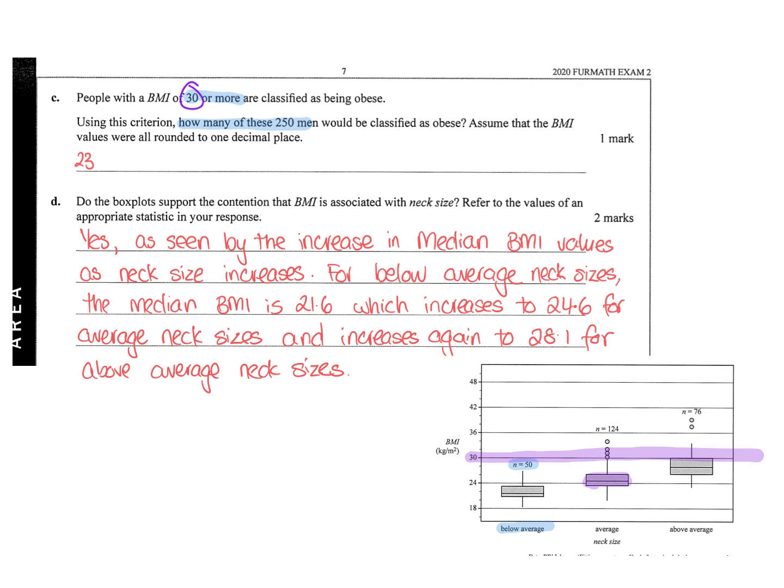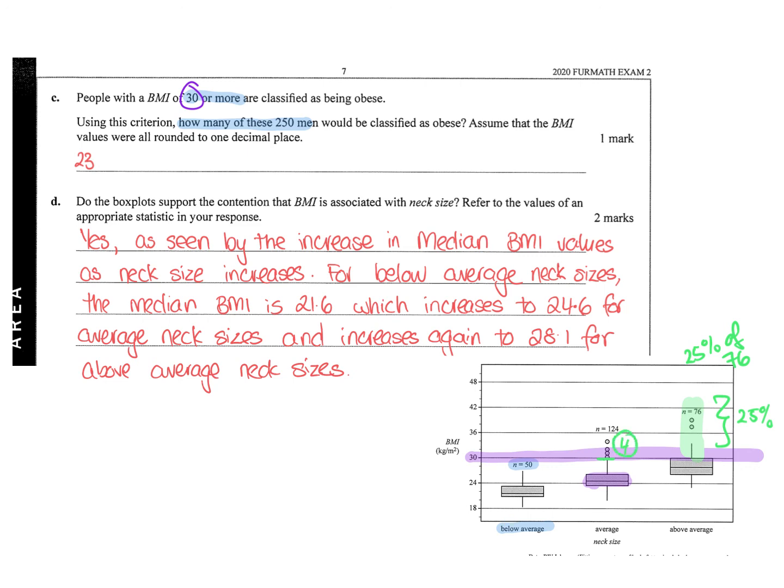So if you look at it, this Q3 is on 30. So anything above Q3 is 25% of the data. So what we're going to say is 25% of that 76 are above 30. And if you look here, its whisker stops at 30, and then it has 4 outliers.